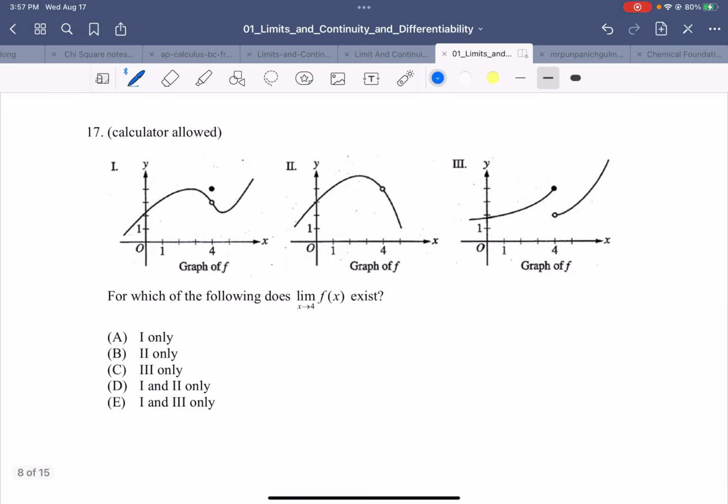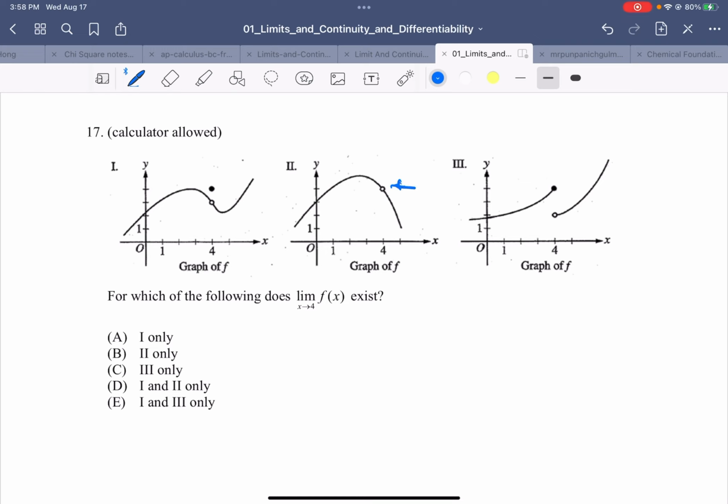Next one, number 17. They gave you three different graphs, and the question is for which of the following does the limit as x approaches 4 exist? Again, there's a hole. Even if there's a hole, you still have a limit value. Some people think, oh, there's a hole so the limit does not exist.